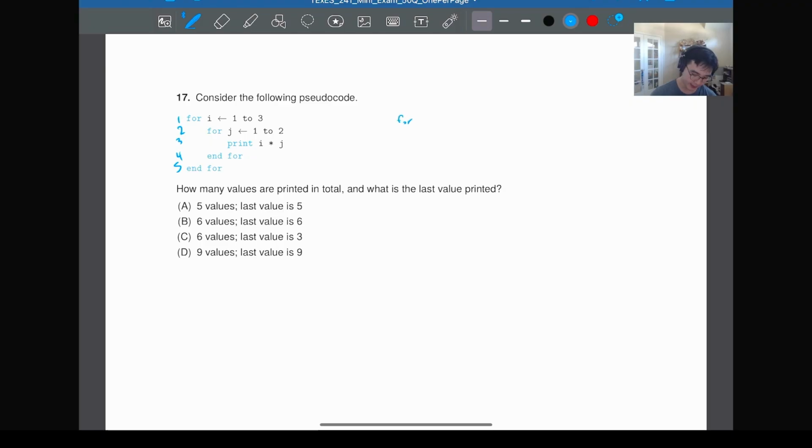This is the same thing as for int I is less than or equal to 3, I plus plus, or let's just do I is I plus 1. Similarly, the j would be int j, 2. J is j plus 1.